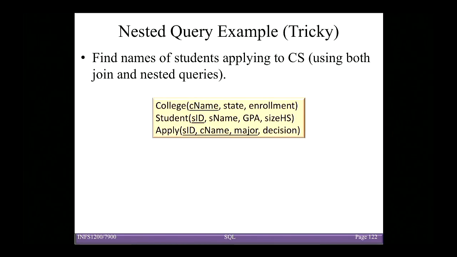Okay, so here's a more tricky question. It looks innocent and very similar to the previous one. So this time you just want to find the names of students that have applied to CS without their IDs.